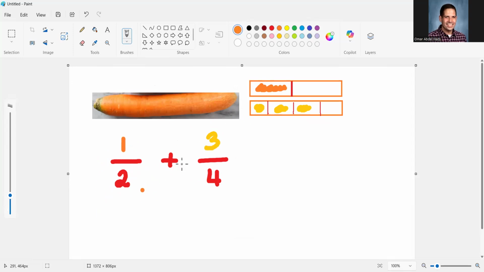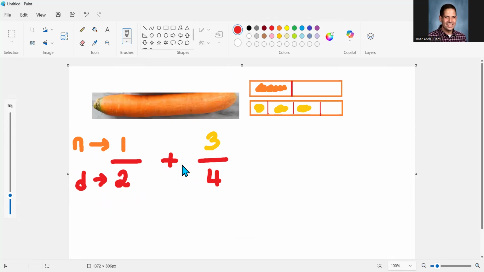These two quantities are not cut the same way, so we can't add them because the numerator is just the number of pieces that are divided the same way, and the denominator is how they're divided. Okay, 2 and 4 are not the same. So how can we fix that?